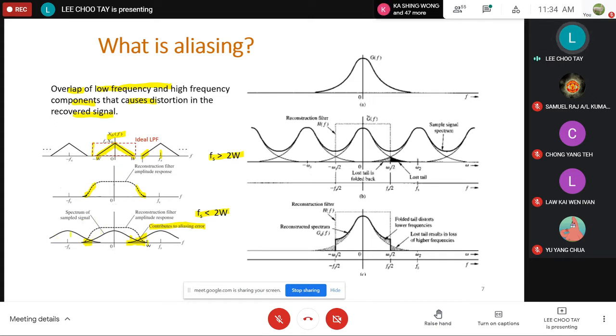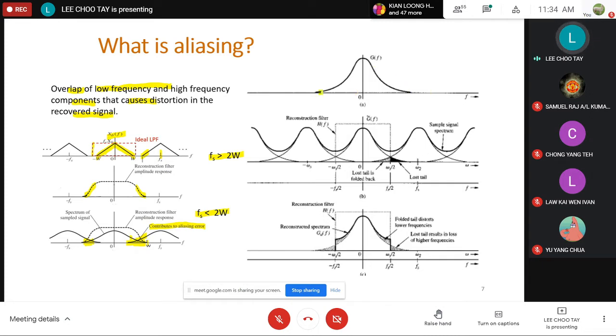The original one is this one, like that. So here at these two tails on the left and right side, you will not get the original shape back. A better description of this phenomenon is represented on the right hand graph here.